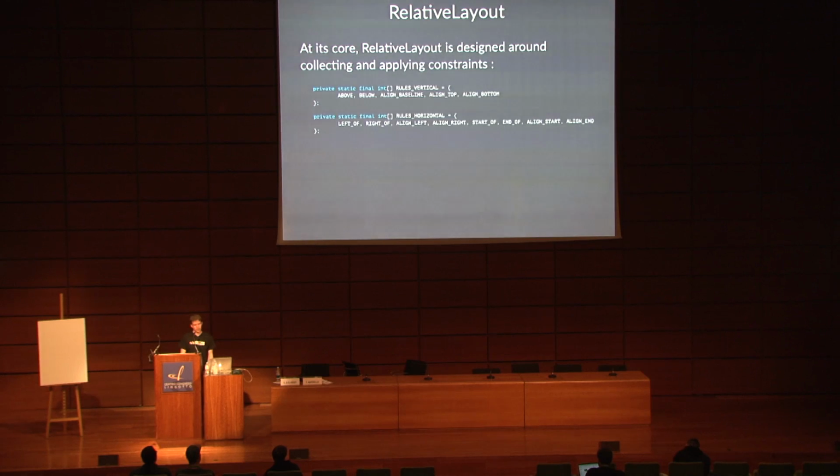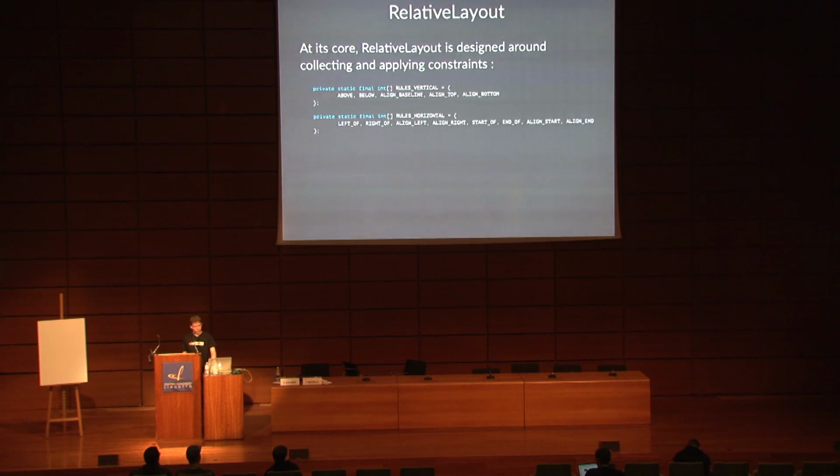If we look at RelativeLayout, at its core, it is designed around collecting and applying constraints. It collects rules for vertical placement, so above, below, align baseline, align top, and so on. For horizontal placement as well, so left of, right of, start, end, and so on.